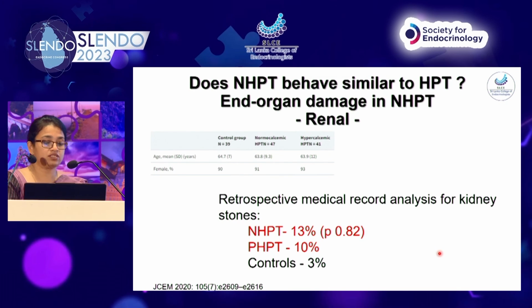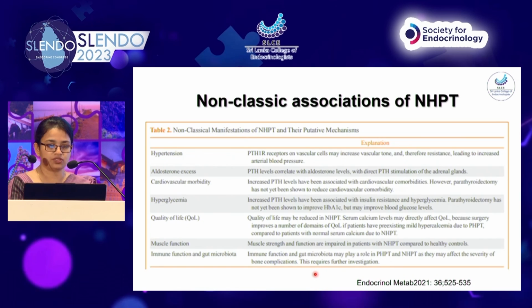The same group retrospectively evaluated medical records for kidney stones, and normocalcemic hyperparathyroidism and primary hyperparathyroid patients had similar percentages without any significant difference in the presence of kidney stones, whereas controls had a lower percentage of kidney stones. But these are medical record analyses. It is not a planned analysis on renal stones.